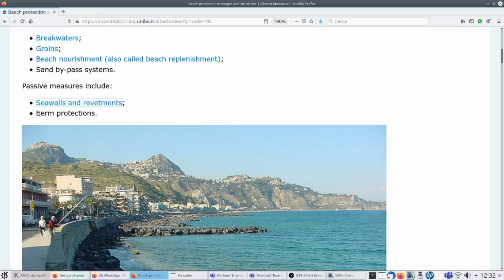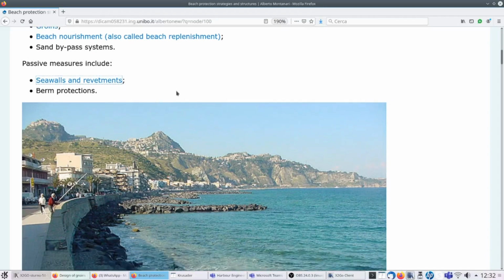And also berm protections are something a little bit different from seawalls, and the idea here is, I hope you remember the definition of the berm. The berm is placed at the upper part of the swash zone. It's the upper limit that is reached by waves, and therefore at this upper limit there is a deposition of sand, and so a kind of elevated zone is formed, which is called the berm.